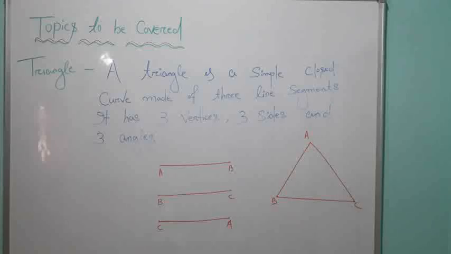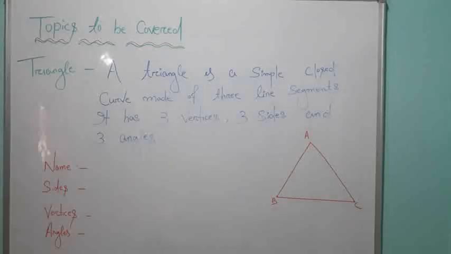Let us see. How can we write the name of this triangle? When you write the name of a triangle, you have to put a triangular sign before the name. You read it as triangle ABC or ABC triangle. Now come to the second point, that is side.